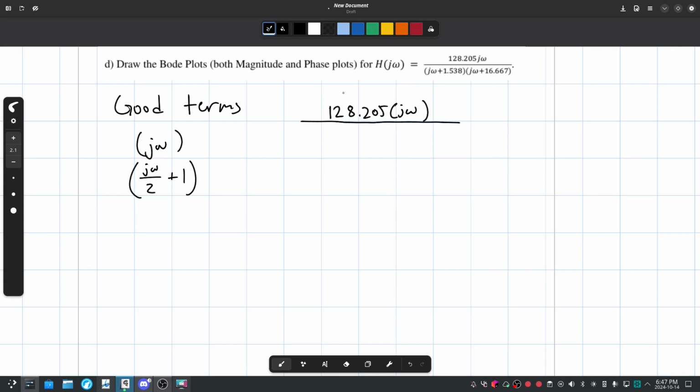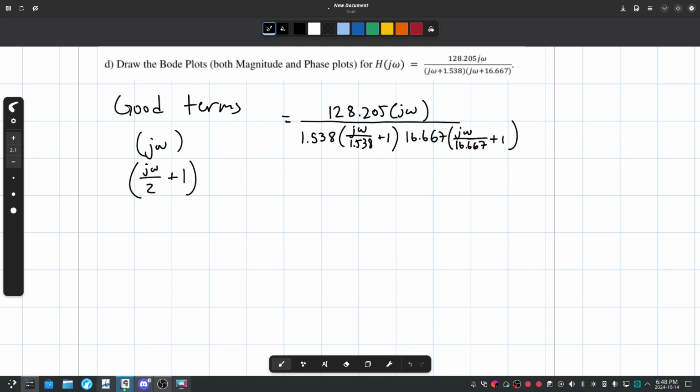And on the bottom, we're going to pull out 1.538. So we're going to get jω over 1.538 plus 1, times 16.667 times jω over 16.667 plus 1. So now we have put our equation in terms that we like.